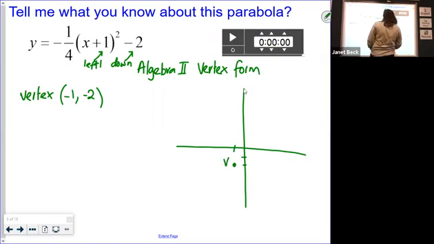Label it V for vertex, okay? And then you look at this minus and the fact that it's x squared. Now, there's a lot you could memorize in conic sections for pre-calculus, and you want to try and get away from just memorizing, because you get very confused if what you're doing is memorizing.